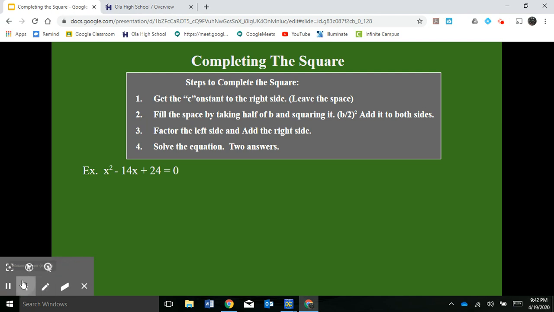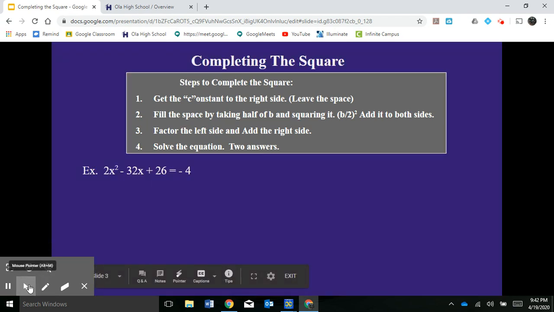Oops, got to go to the next page. Now this one, notice this one has a 2 in the front. We can't do this problem until we get rid of that 2. We're going to make it easy for you this week. Everything will always be divisible by whatever that number is.